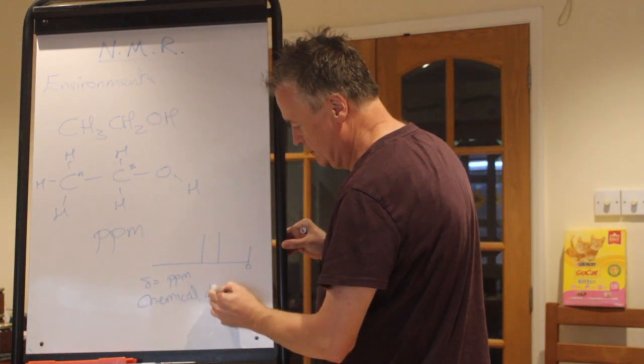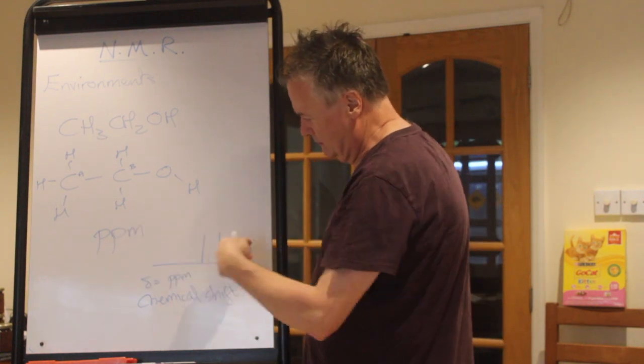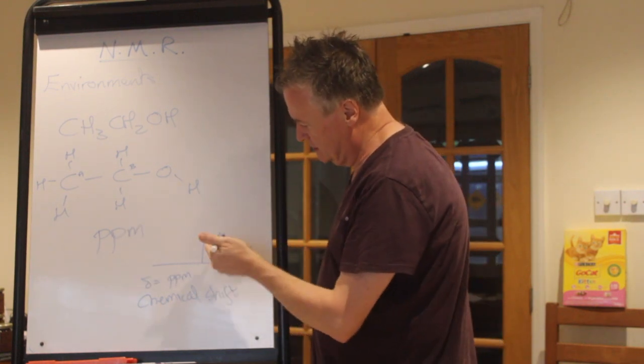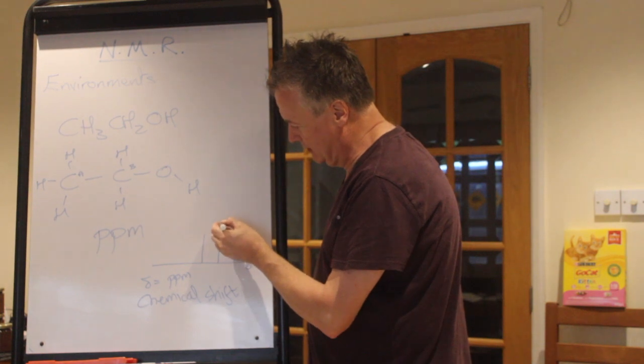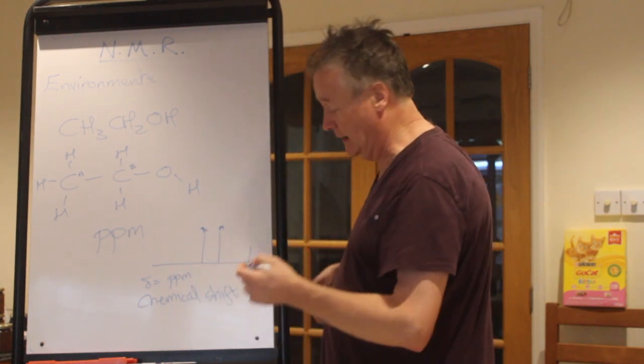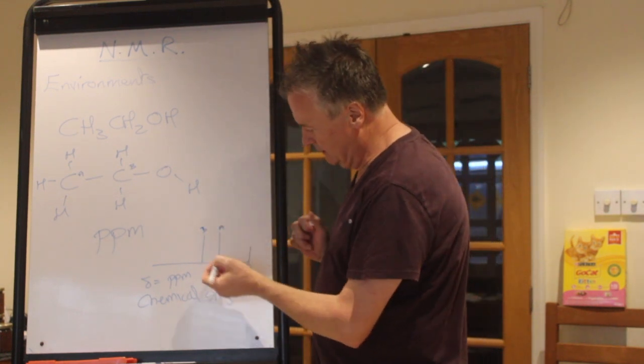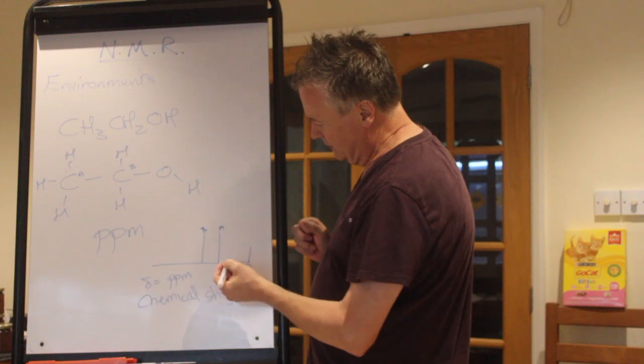It's a shift caused by the structure of the chemical, and there's the 2 lines. That, as it turns out, would be A, and that would be B, but we are not getting into all of that and why that is. That comes in this next video that follows this one. So this will be the ppm scale along here.